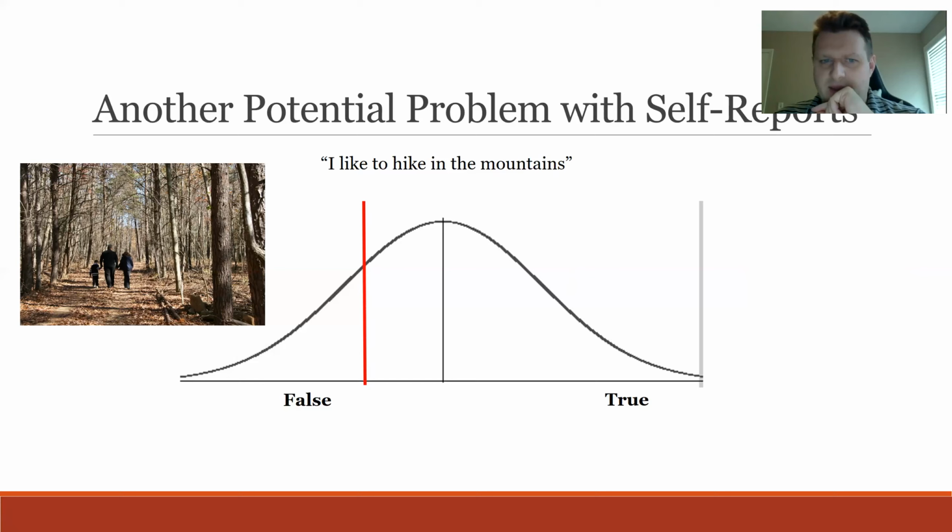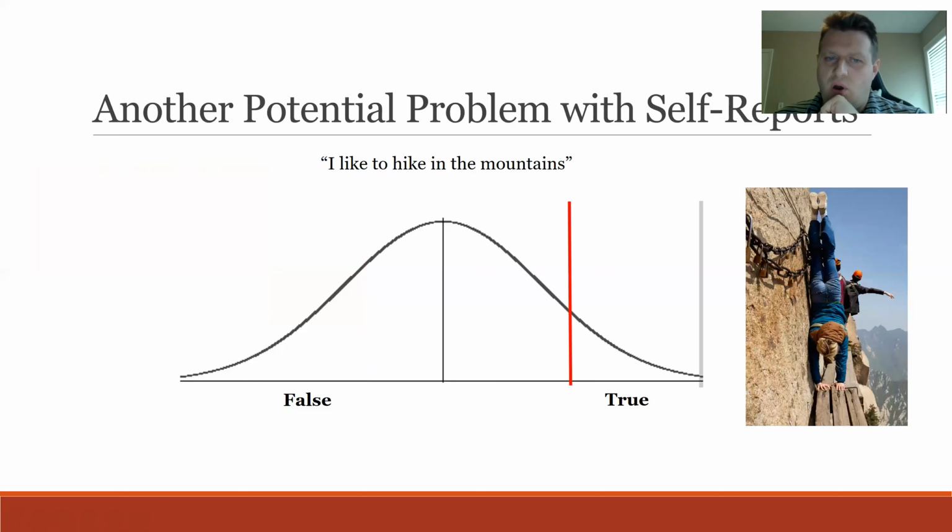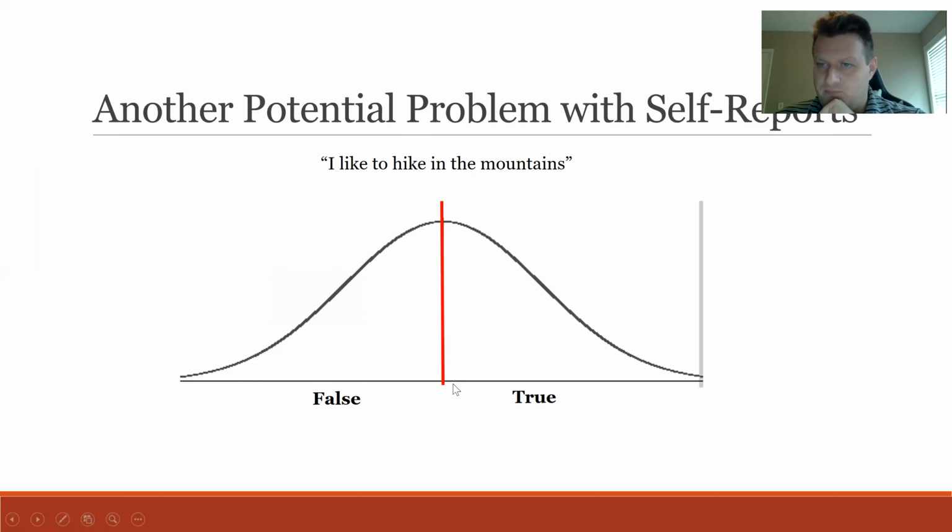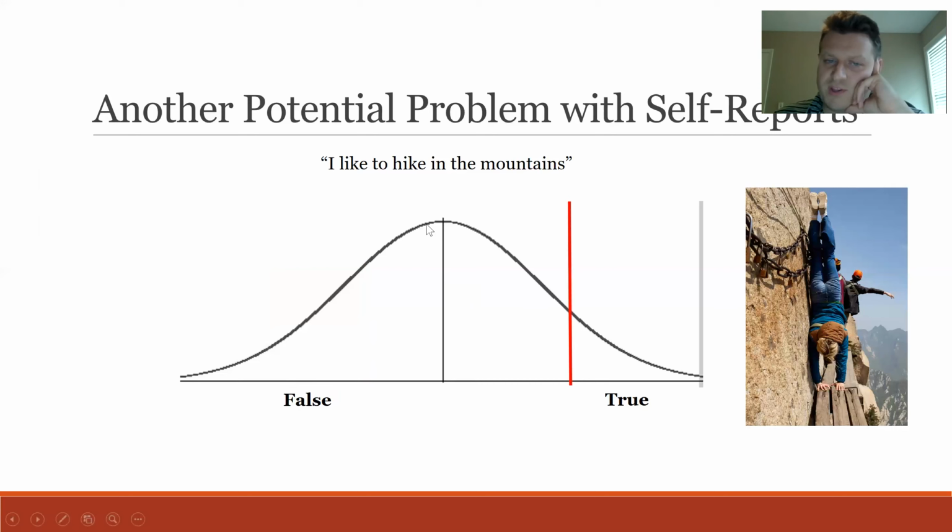One more point that I want to make. Let's say that you are smack dab in the middle. You're average in how much you like to hike up mountains. If you interpret the question like this, that the mountains are really steep, you're going to say false. I don't enjoy hiking up mountains. However, again, you're smack dab in the middle.